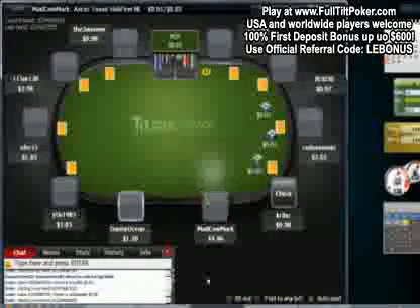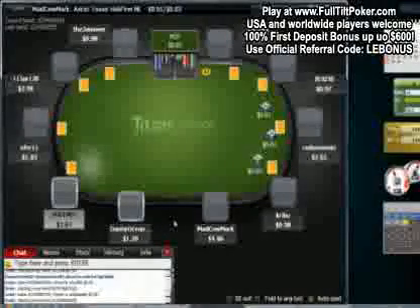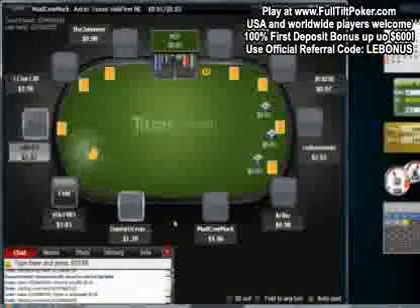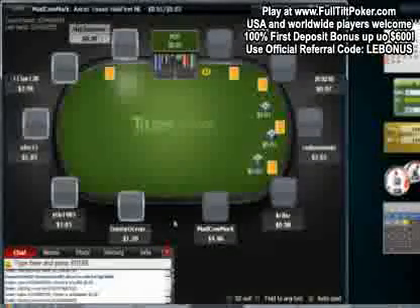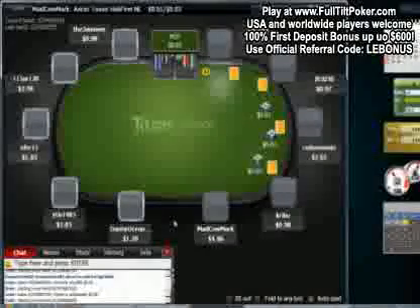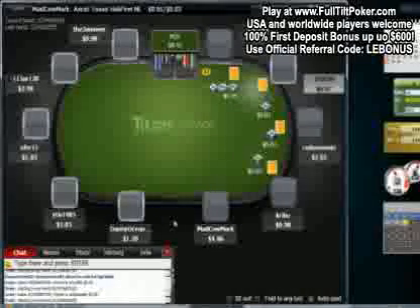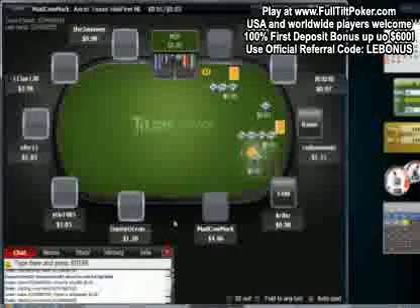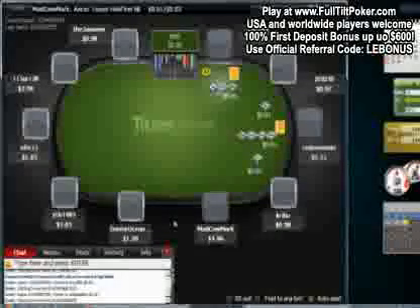I think sit and goes to a certain extent become dictated by blind size and stack size, and a lot of how sit and go play pans out is well documented, well textbooked, well known theory, whereas cash tables allow greater creative freedom, allow a bit more personality to be portrayed in their play.